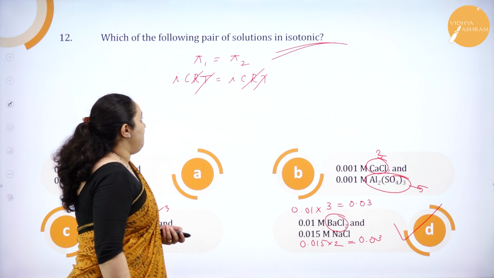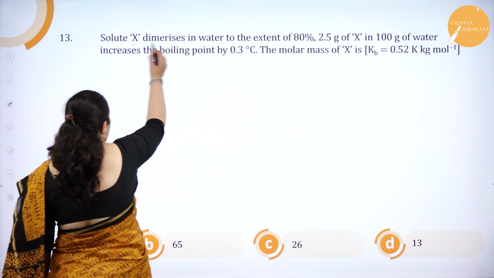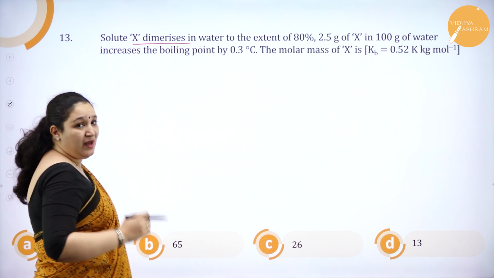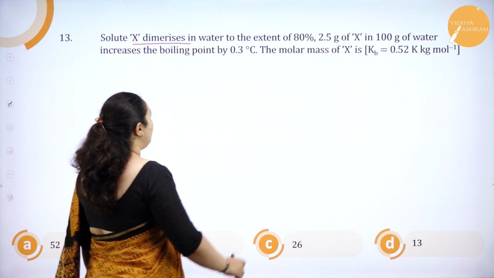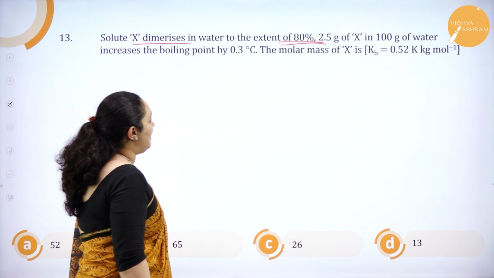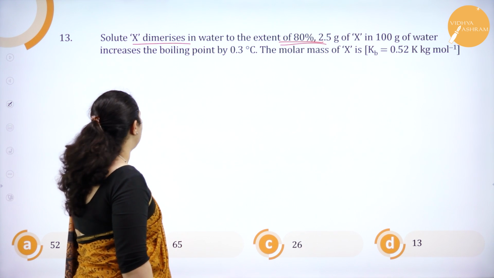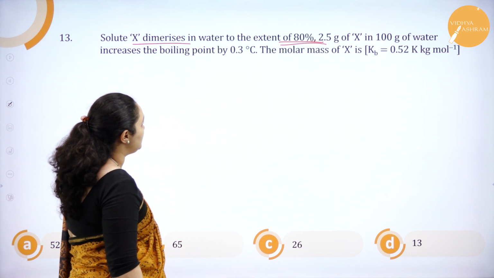Okay. Next one. Solute X dimerizes. Here association is taking place in water to the extent of 80%. 2.5 grams of X in 100 grams of water increases the boiling point by 0.3 degrees Celsius.